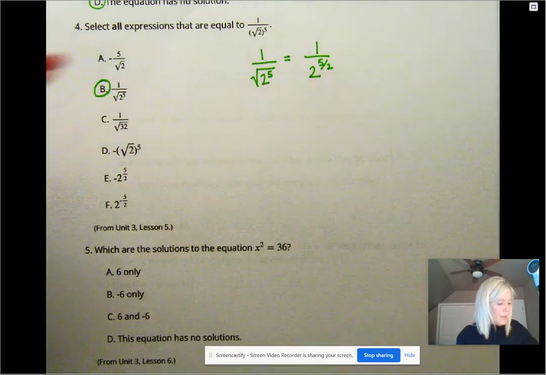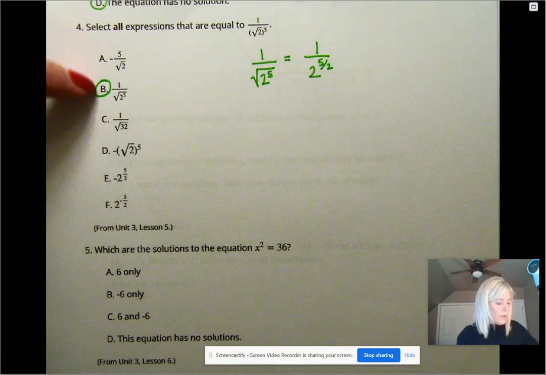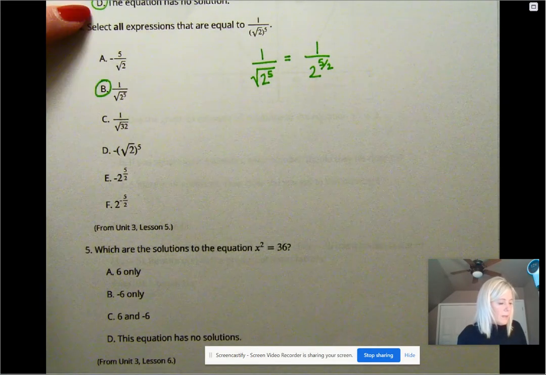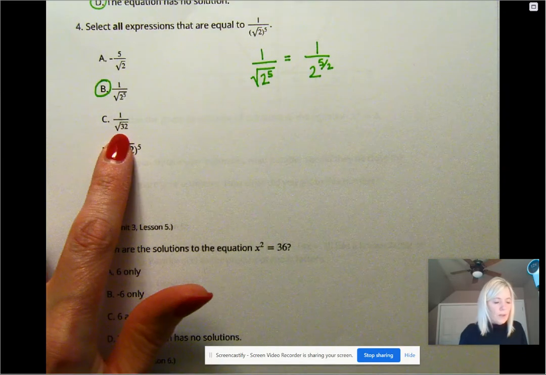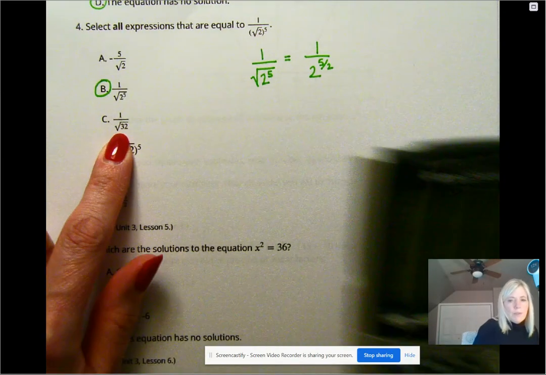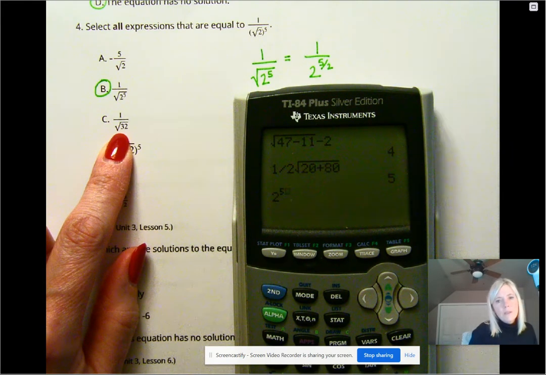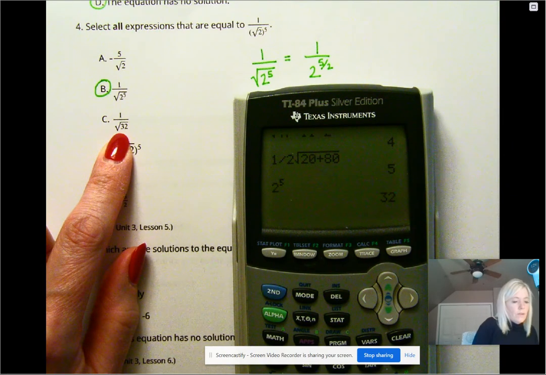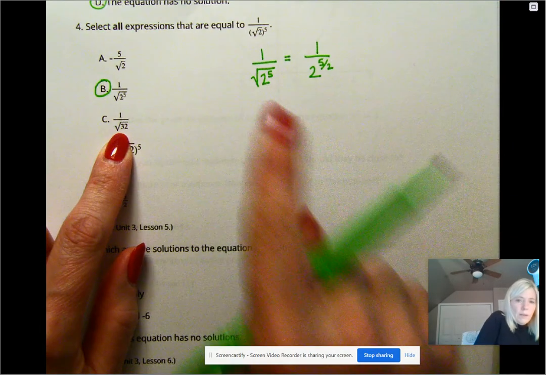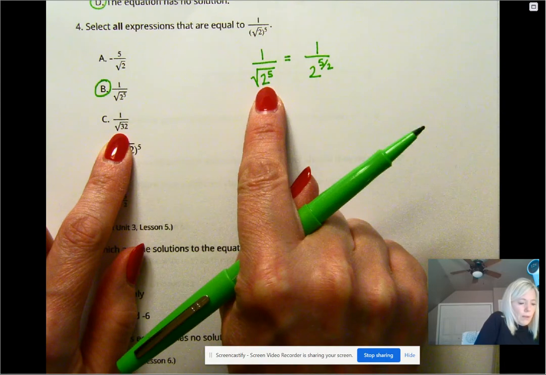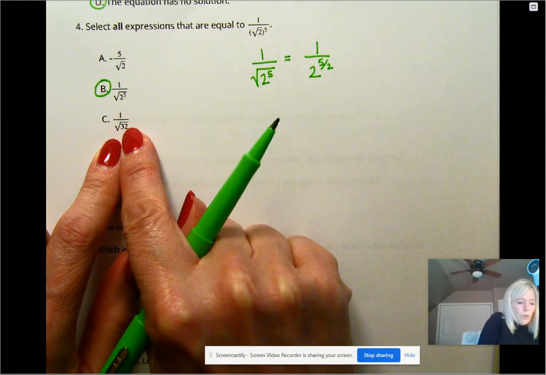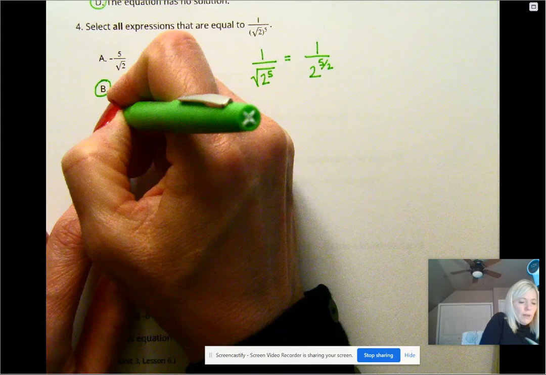I don't see this in the answer choices, but I kind of skipped over this one right here. Do you guys happen to know, true story, that 2 to the 5th is equal to 32? So that tells me this could be rewritten as 1 over the square root of 32. So I missed that one, but there it is.